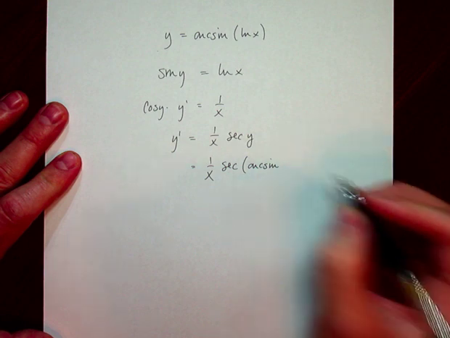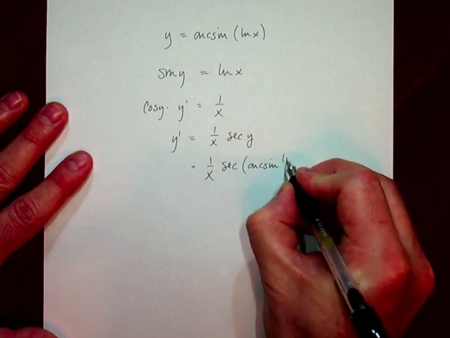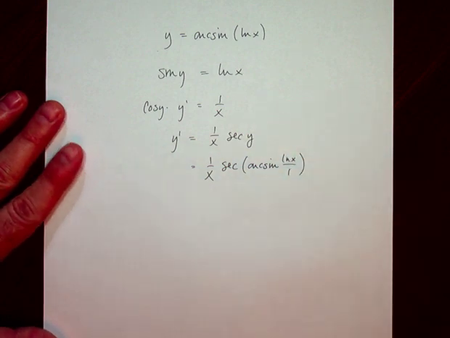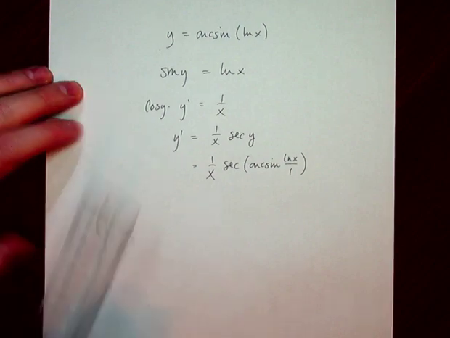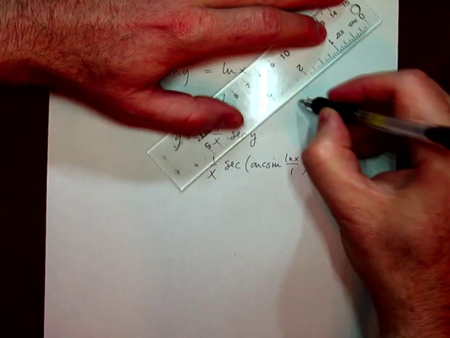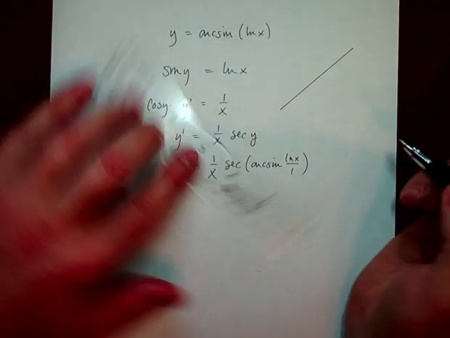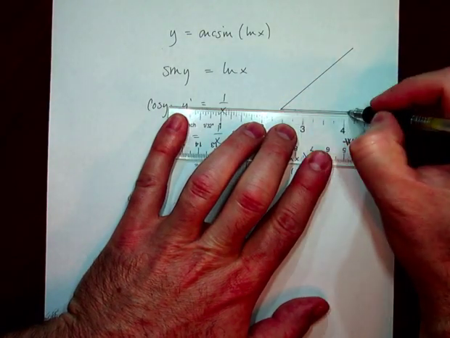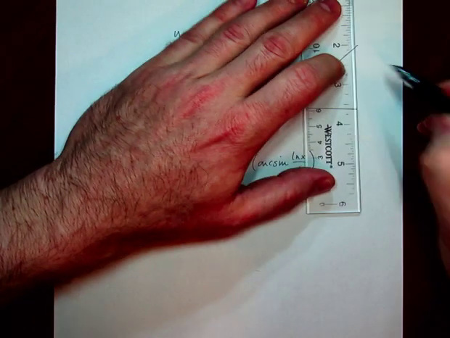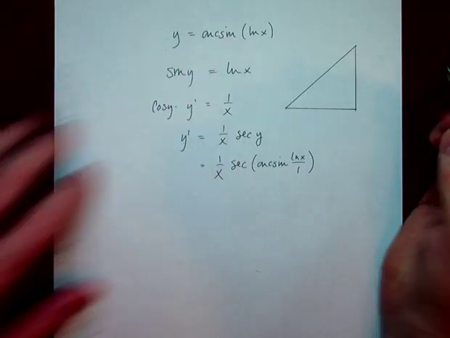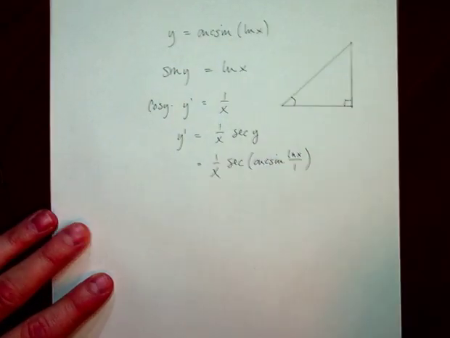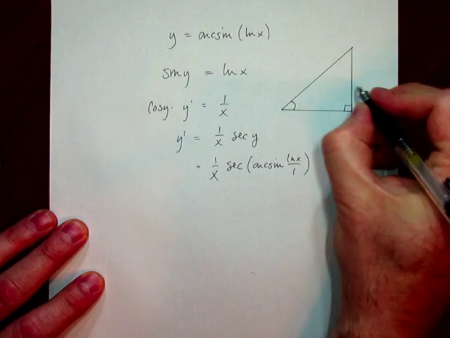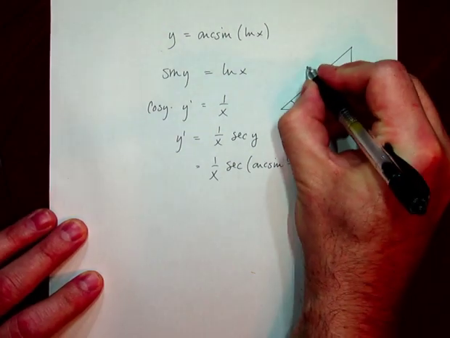And you think natural log x is not a ratio. Well, sure it is if you put it over 1. It winds up seeming a little bit odd to use that as a measurement of a triangle side, but it's not that big of a deal. So if we're dealing with arc sine, we're dealing with natural log x, and we're dealing with 1.